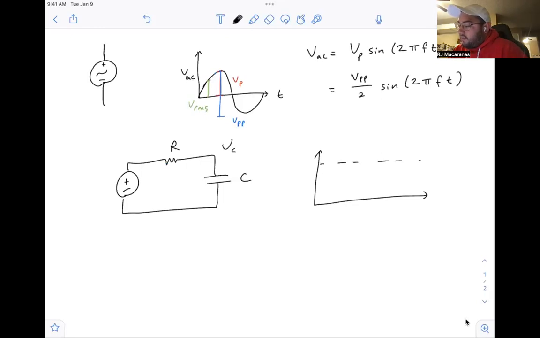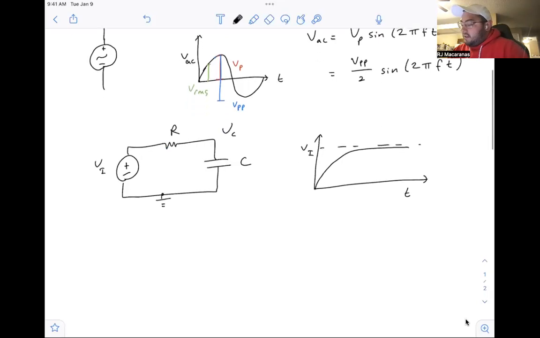So we've got VC, we've got ground here, and depending on the value of the resistor and the capacitor, it charges up asymptotically to whatever this input voltage is. That's just when current is flowing directly into this top node here.